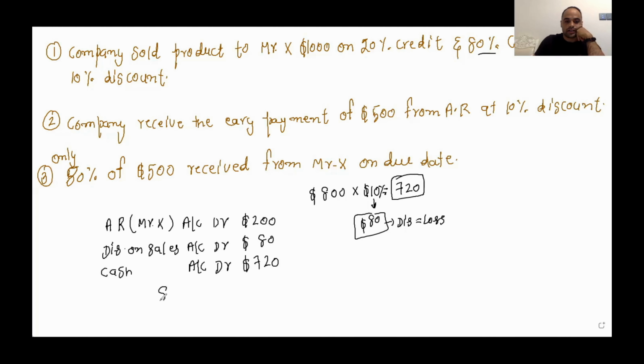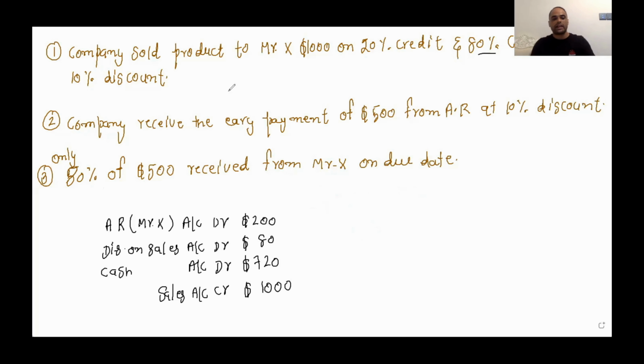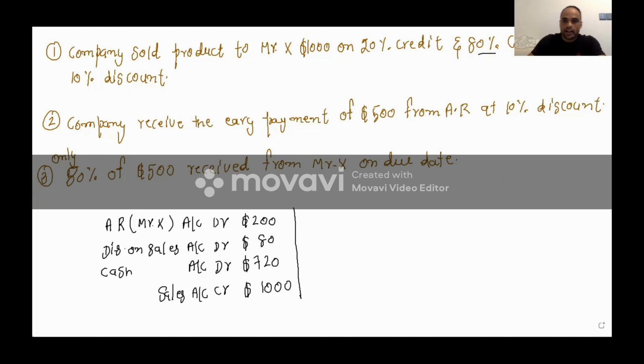And sales account credit, which is total 1,000. This is the complete journal entry. If you want, you can make 3 journal entries, or you can make 1 journal entry like this. So now I'll show you how you can make 3 journal entries.